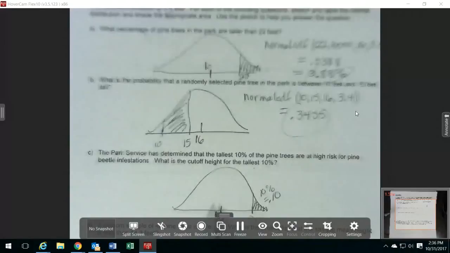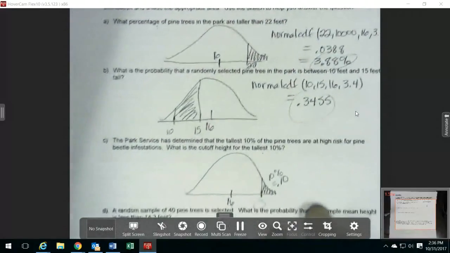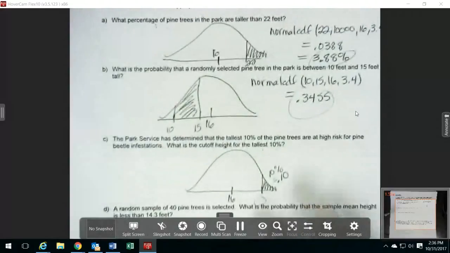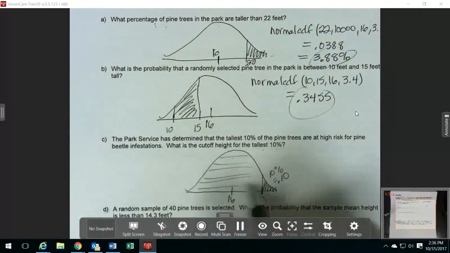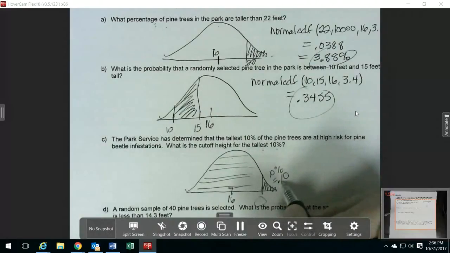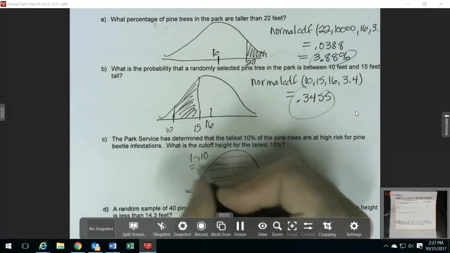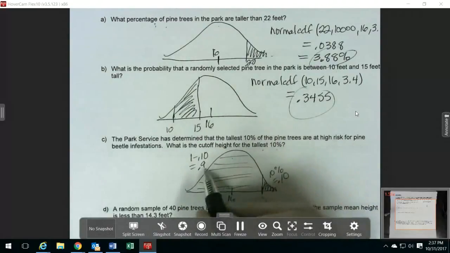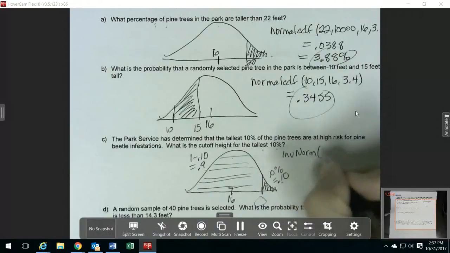Now if I'm using inverse norm, it automatically goes from the number to the left. So I'm going to have to find the area for this part over here. So I'm going to take 1 minus 0.10, which is going to give me 0.9. So I'm going to use 0.9 for my area in the inverse norm function.